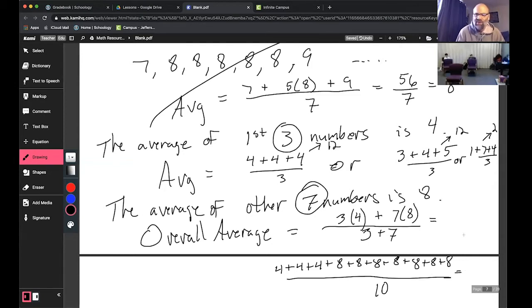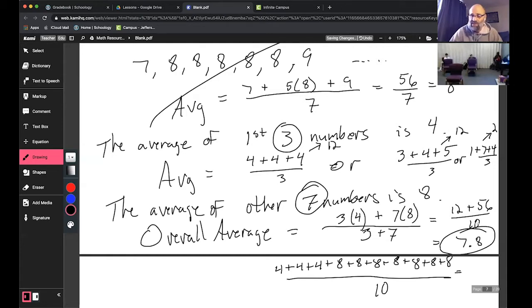See how I could write it out long ways like that, or just do the shortcuts, 3 4s and 7 8s. So that's 12 plus 56 all divided by 10.